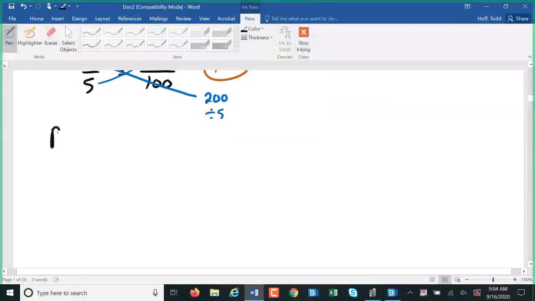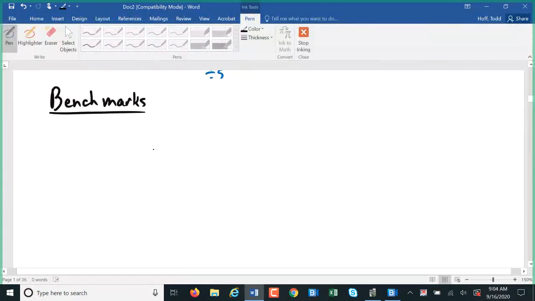Back to benchmarks. I had mentioned these benchmarks a little bit earlier. Let's say that we have a number like 260. That number is 100%. That's the whole thing.